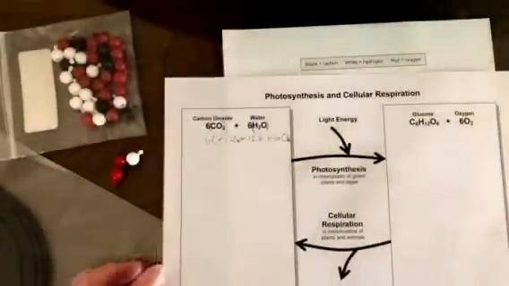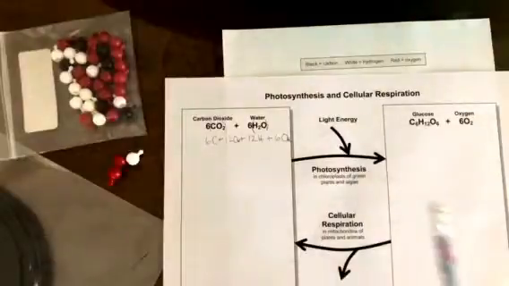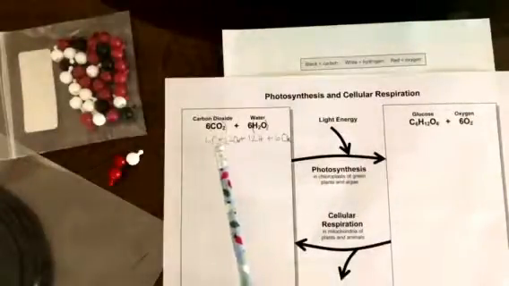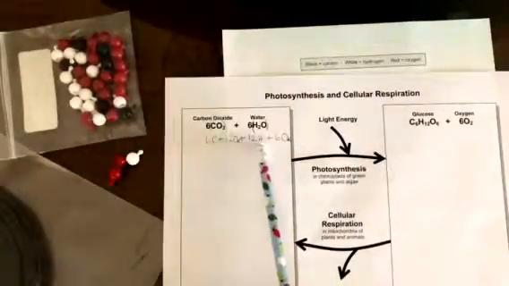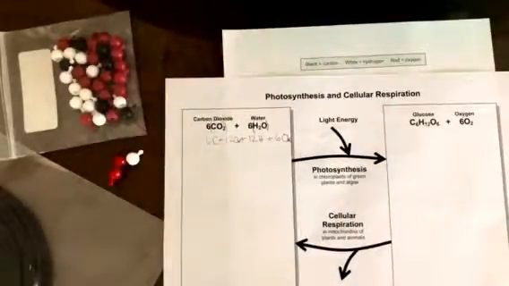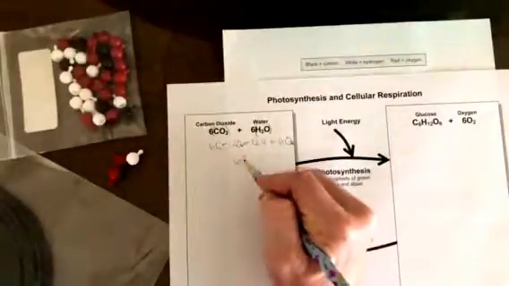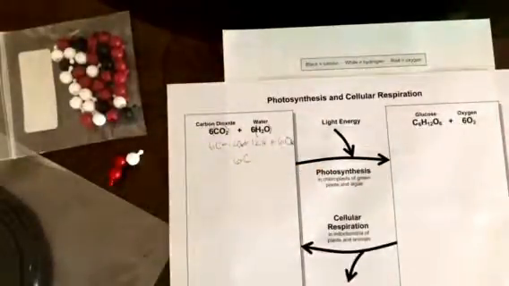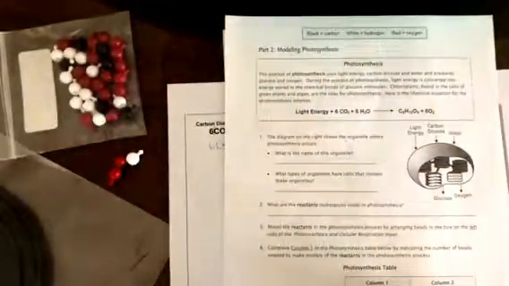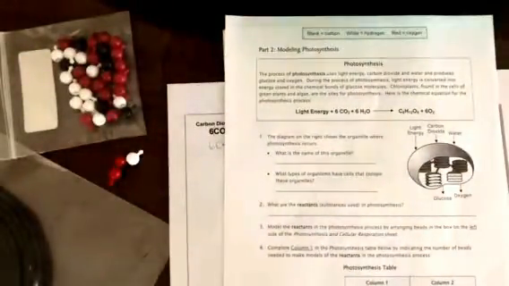So back to this, if I was gonna figure this out, how many carbons do I have total out of my starting? Out of my starting, I have a total of 6 carbons. So on this form, I'm gonna write that I need 6 carbons.